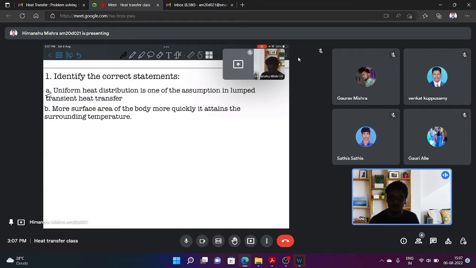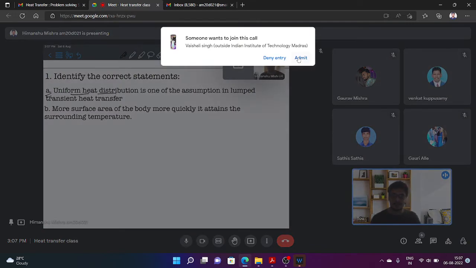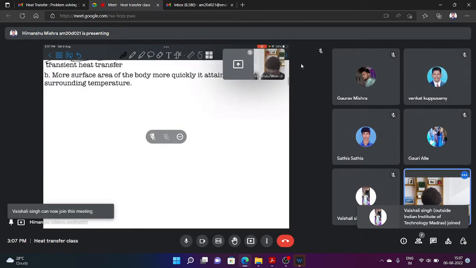In the lumped heat transfer analysis, the first assumption to be considered is uniform heat distribution.